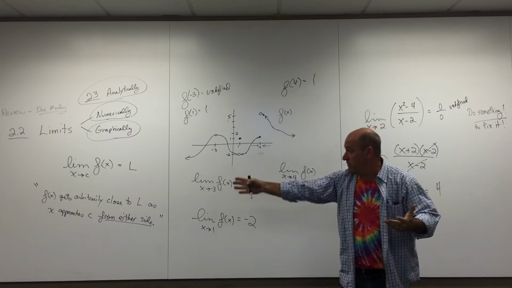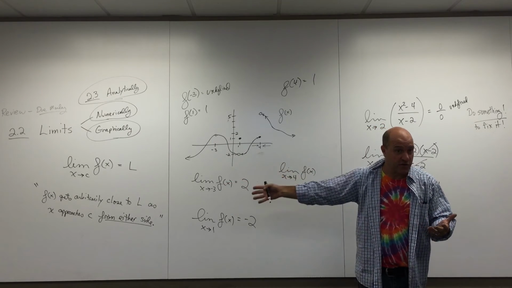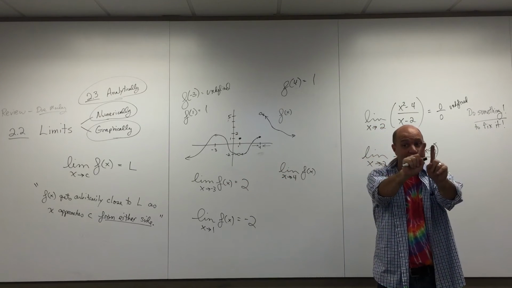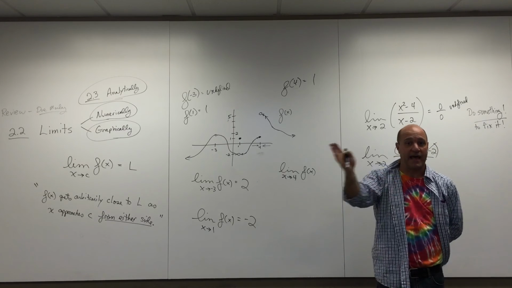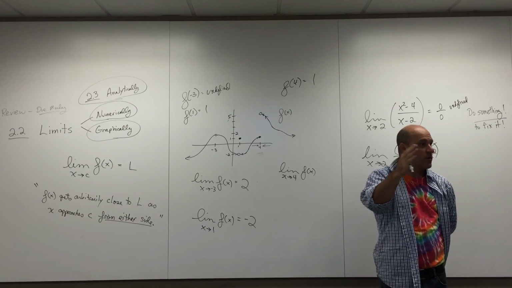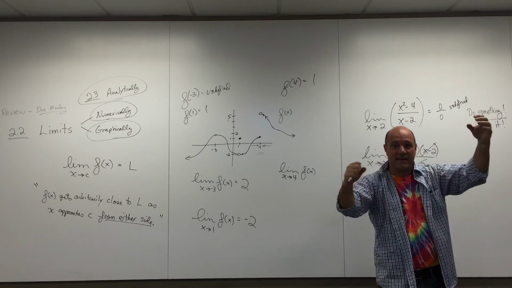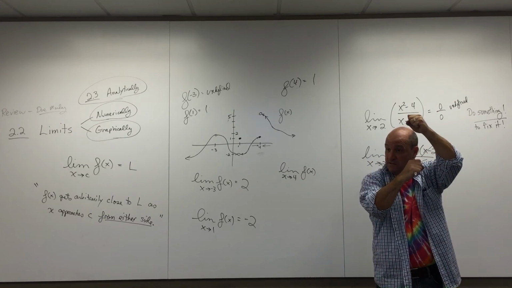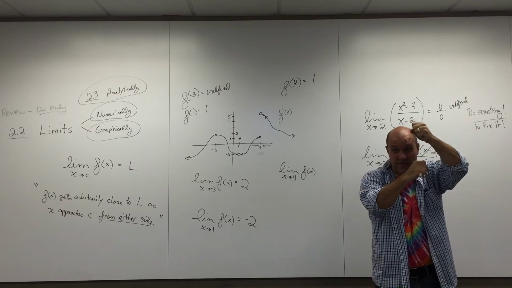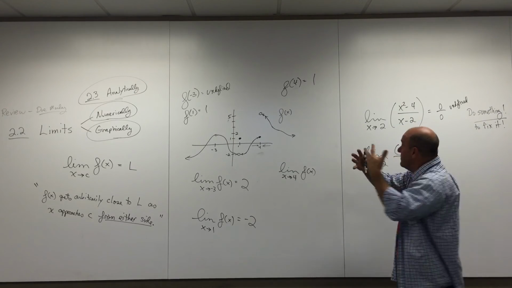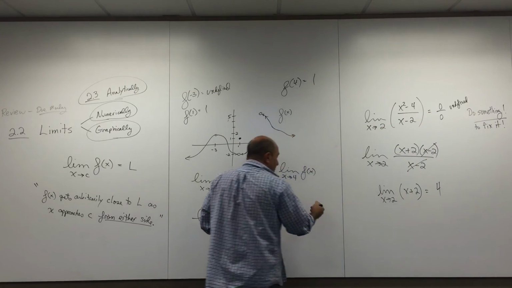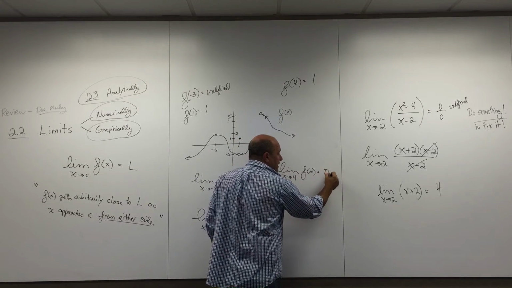I mean, when the directions earlier on said we are approaching from either side, we can't ignore one side and just do one side. So we're approaching from both sides, and because those sides didn't line up, I had two different answers. And when you get two different answers, the official answer to the limit is does not exist.